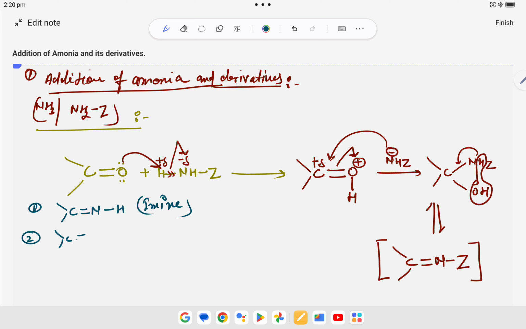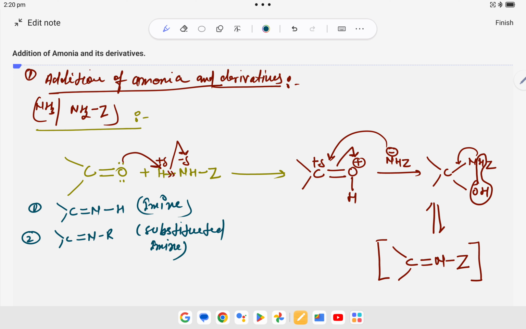At the place of Z, if you are using R, then it's called substituted imine.